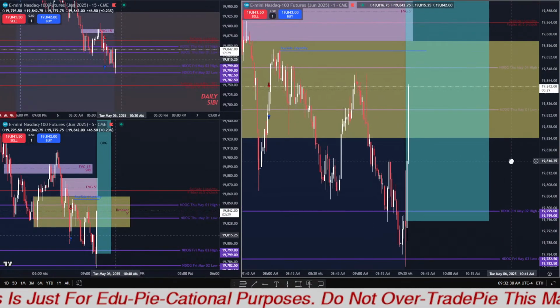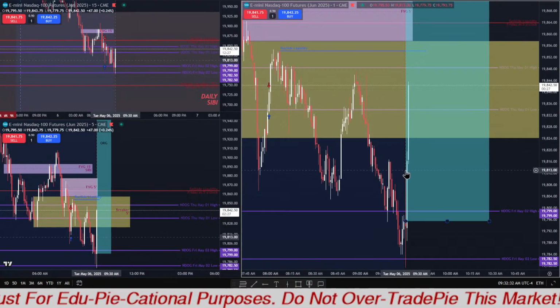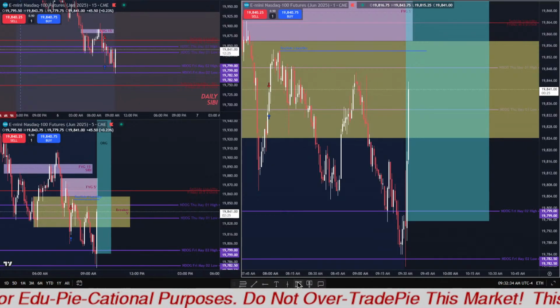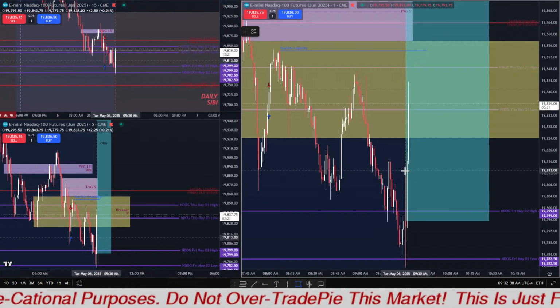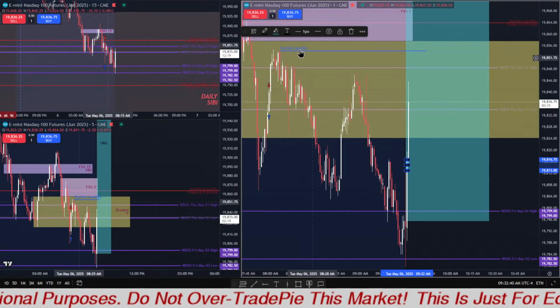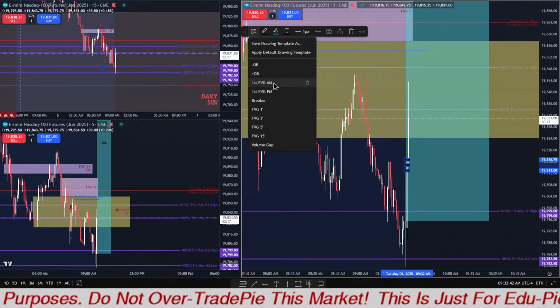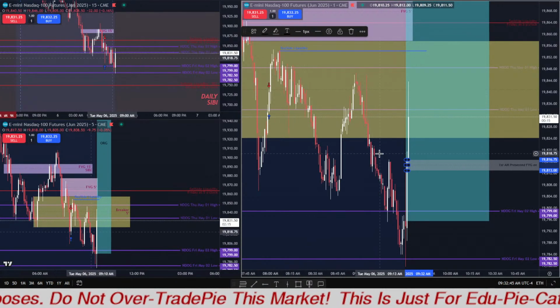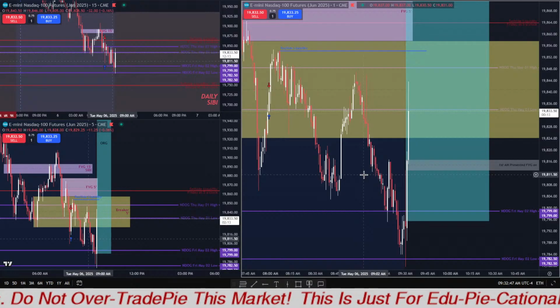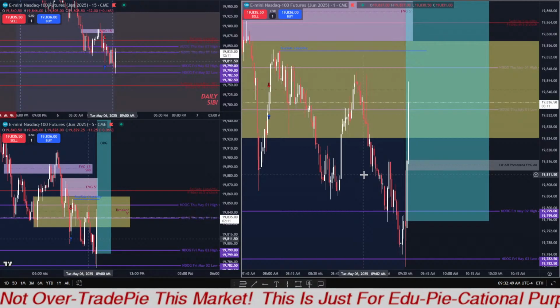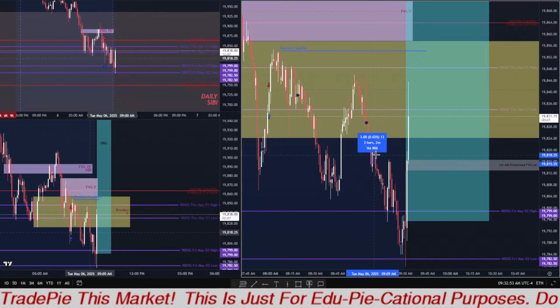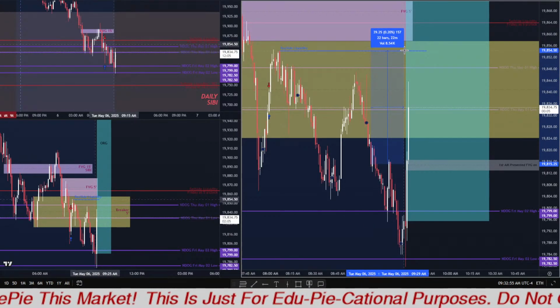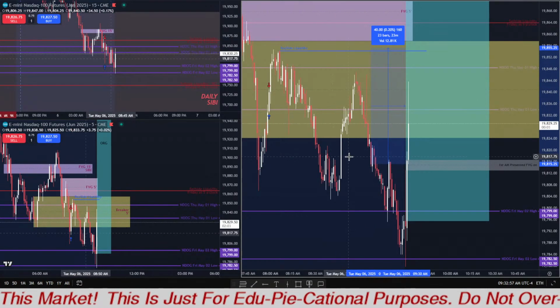Probably we have here our first presented fair value gap, that is between this and this candle. We have 15 seconds left, and just a measure. Yeah, we have around 40 handles.